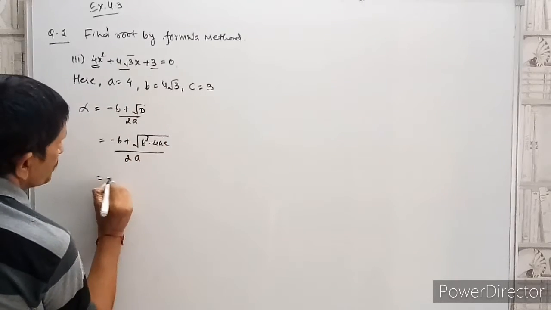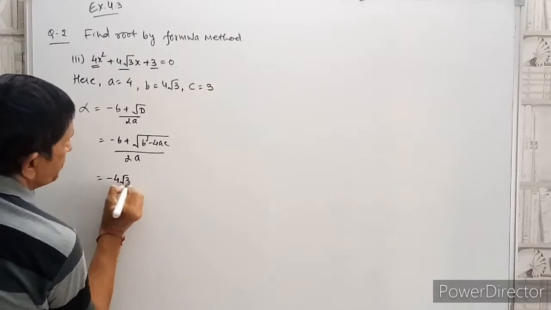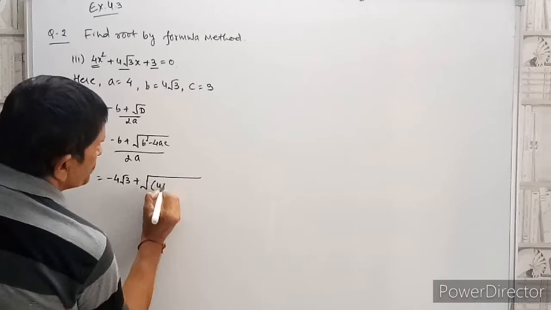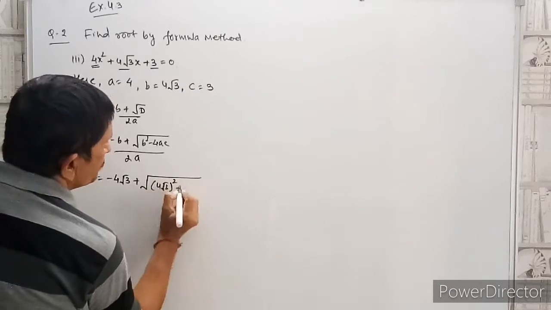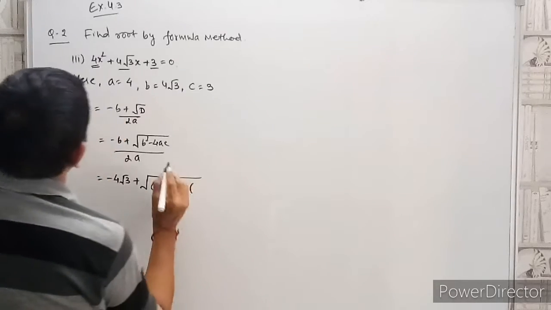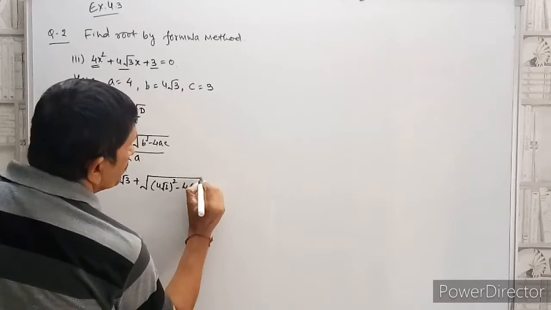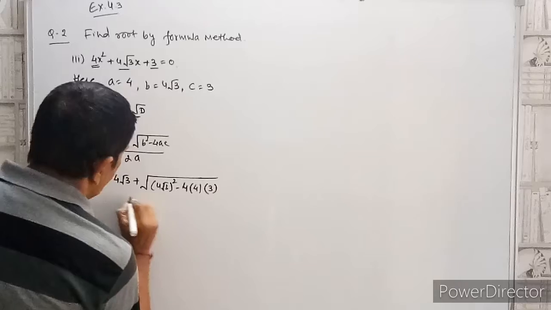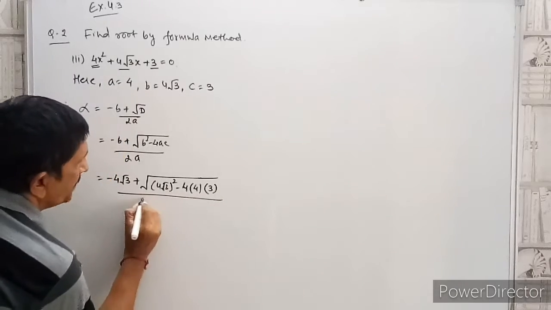Minus b, so it is minus 4 root 3 plus b square, so it is 4 root 3 square minus 4. A is equal to 4 and c, it is 3, upon 2a.